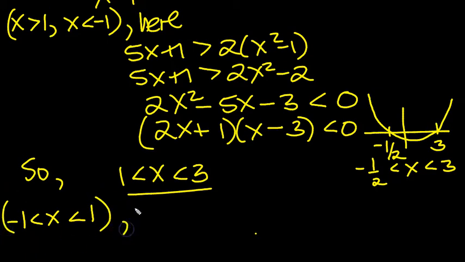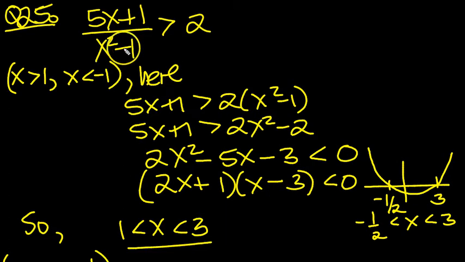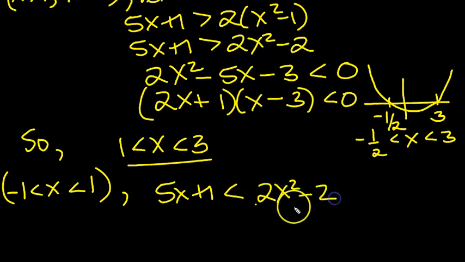So let's look at this case. In this case, the denominator is negative. So when we move it up, it will flip the inequality around. So this will be reversed. So we get 5x plus 1 then will be, instead of greater than, it will be less than 2, and we can just write what we had down before, 2x squared minus 2. Now move the 5x over, we get 2x squared minus 5x.